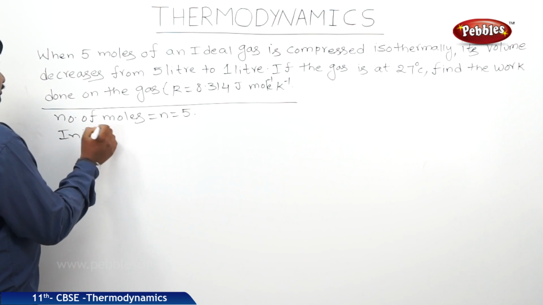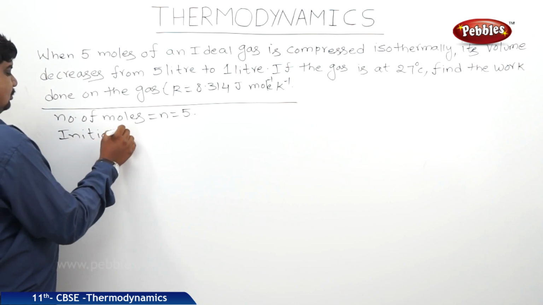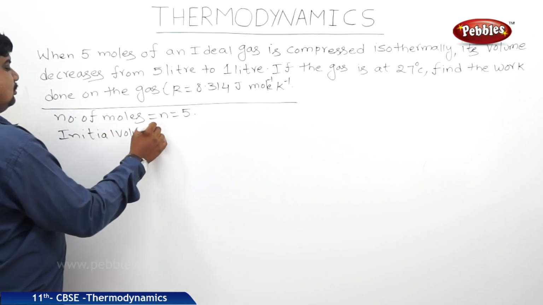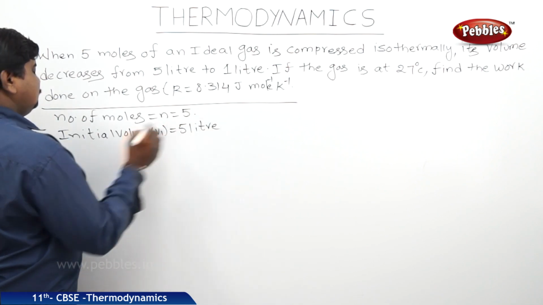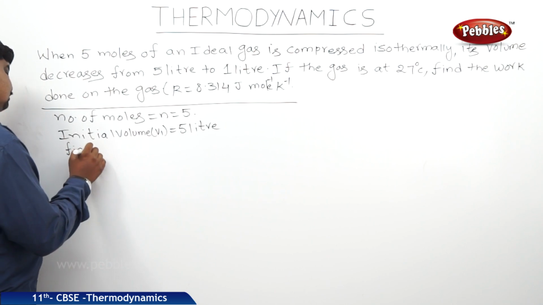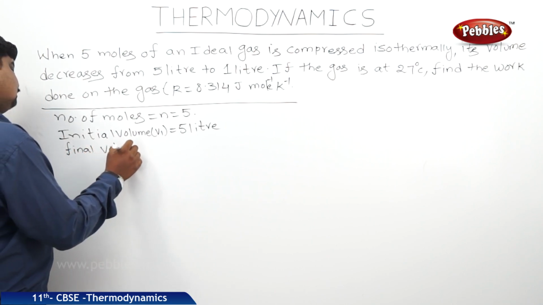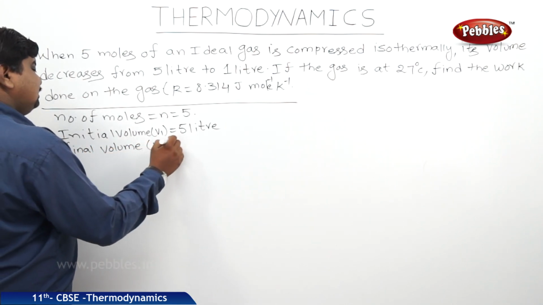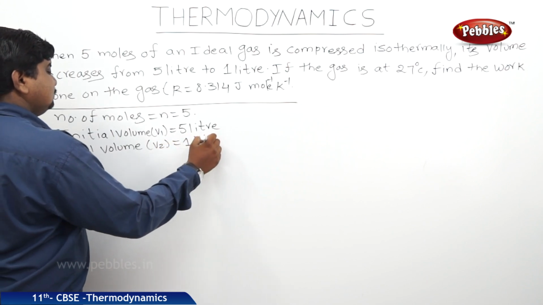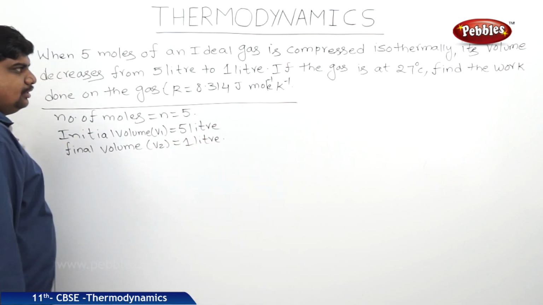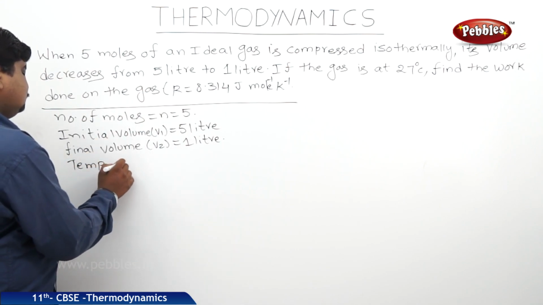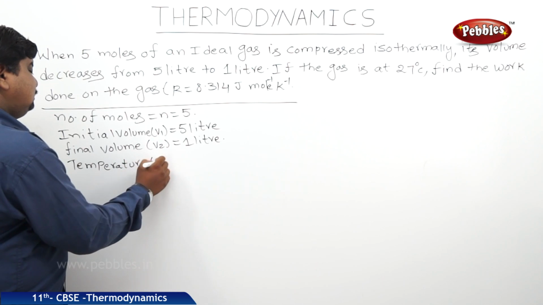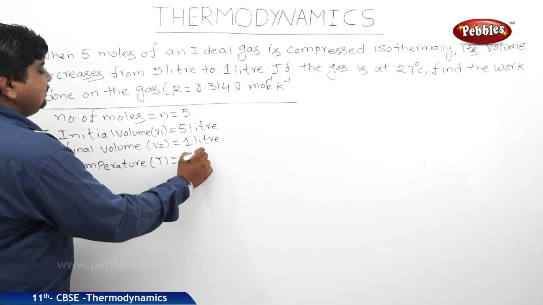Initial volume V1 is equal to 5 liter. Final volume V2 is equal to 1 liter. Temperature T is equal to 27 degrees Celsius.